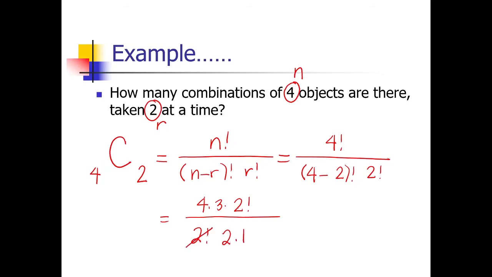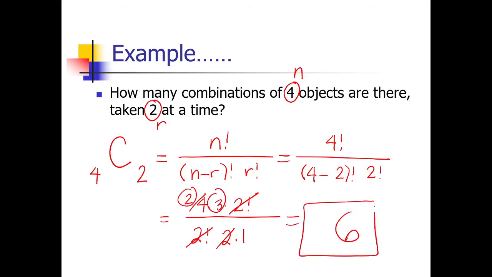So I'm going to cancel this, and I can also cancel 4 and 2. So what is left is, multiply them. We have 6 for that. Using your calculators, will you get 6? Yes, it's also 6. Okay?